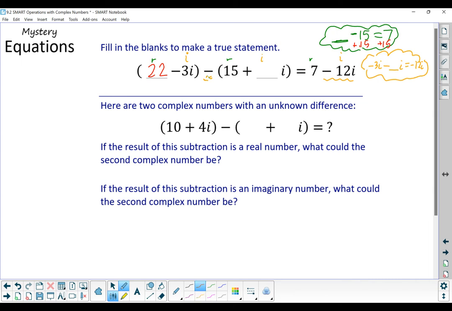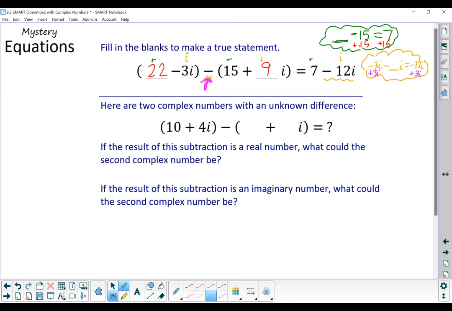So that mystery number is a 9, because negative 3 minus 9 gives me negative 12. And if you were using an equation to help you, you might think about adding that 3i to get your answer. I guess maybe the tricky thing here is that we do need a negative 9, but the negative is over here.